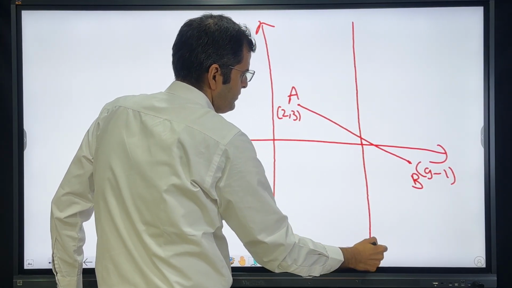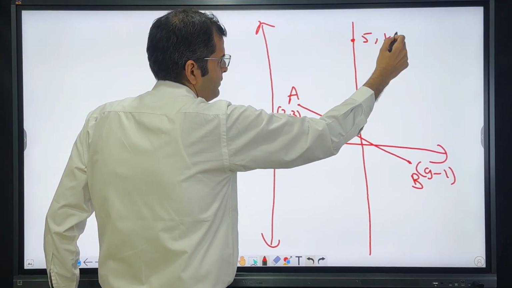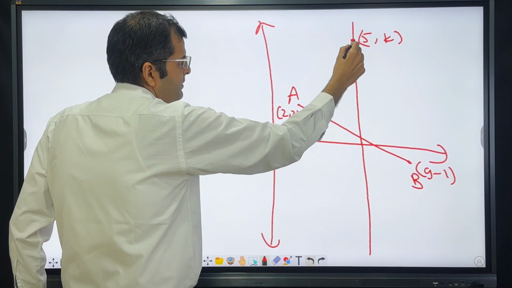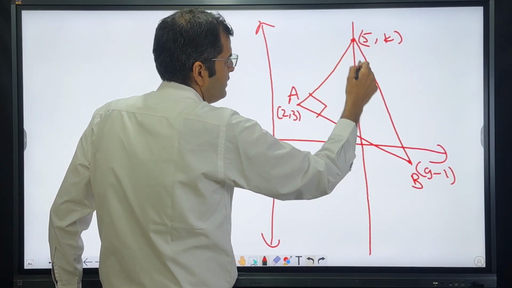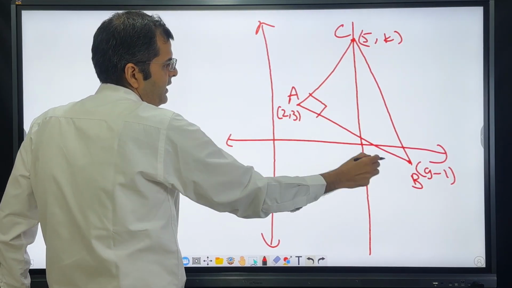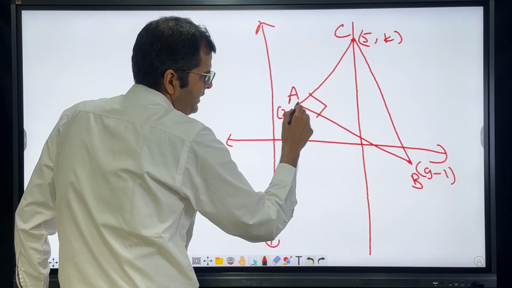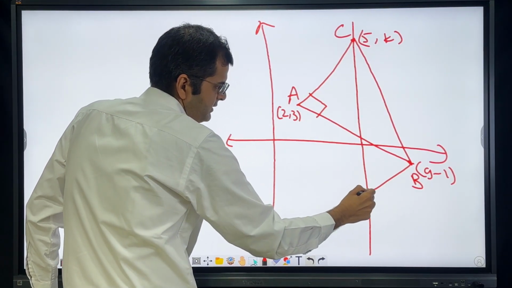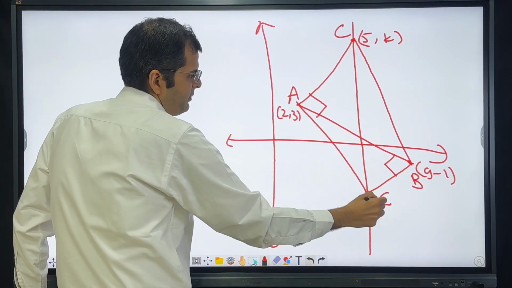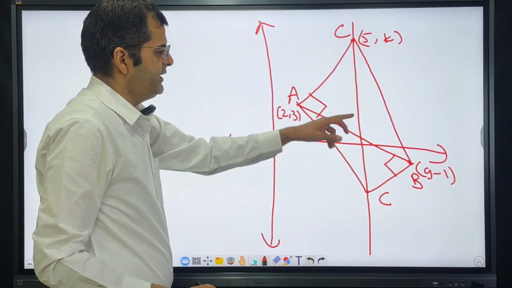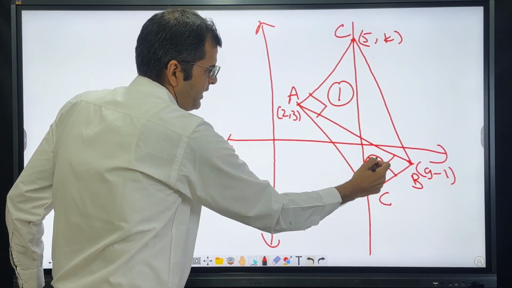So this point is (5, k). So one triangle ABC can be such that this angle is 90 degrees, right angle at A. Or I can make it right angle at B. So it can be like this, this is 90 degrees, C is here. So there are two possibilities here. One is this triangle where right angle at A, second is this triangle right angle at B.